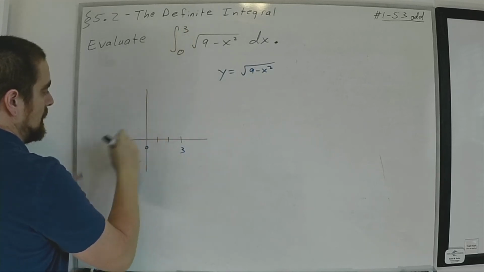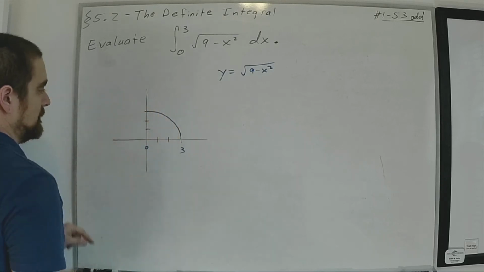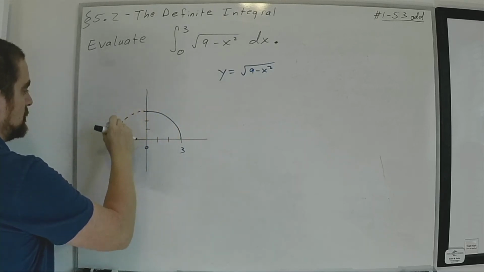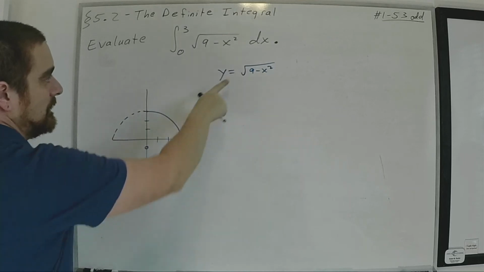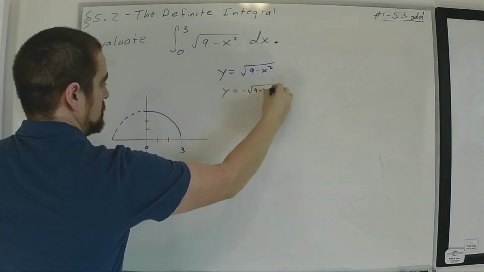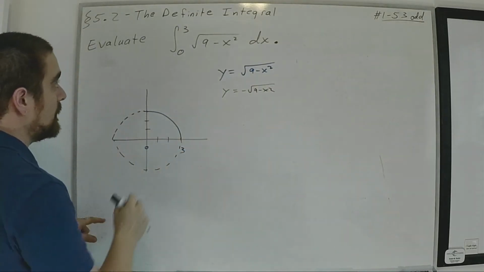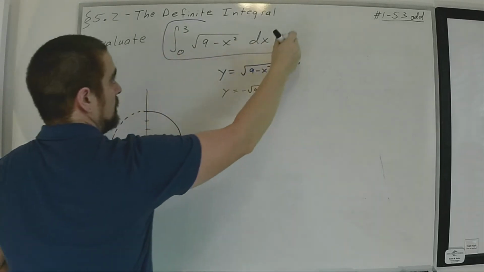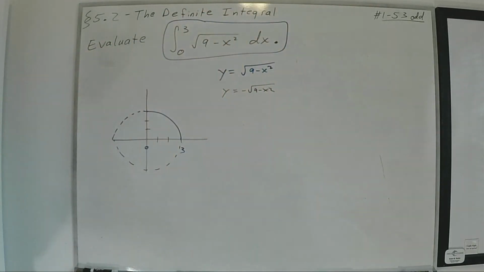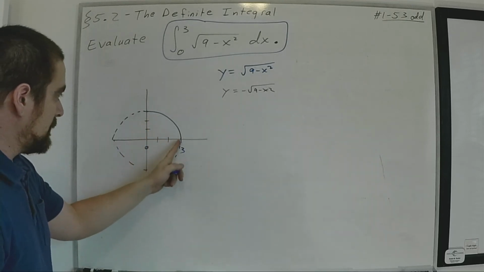So what I'm looking at here is the quarter of a circle. Right? The function actually gives me the upper half of the circle. If I had y equals the negative square root 9 minus x squared, then I would get the lower half of the circle. Right? But what I want is to evaluate this integral, which means I could set it up as an infinite number of rectangles buried under this curve.